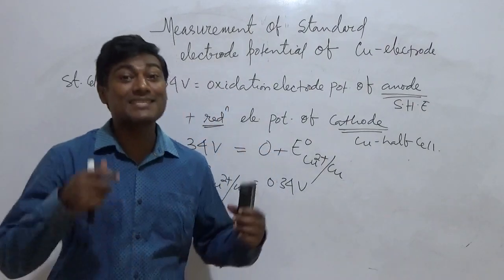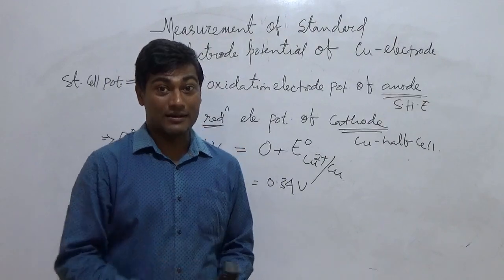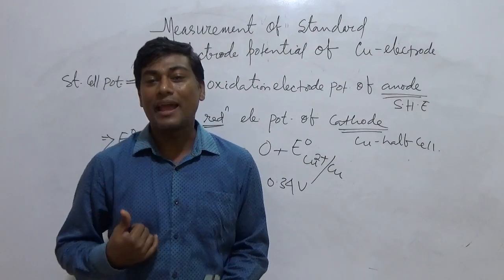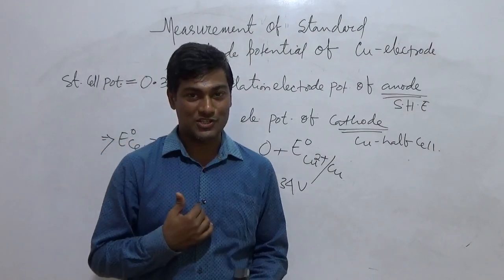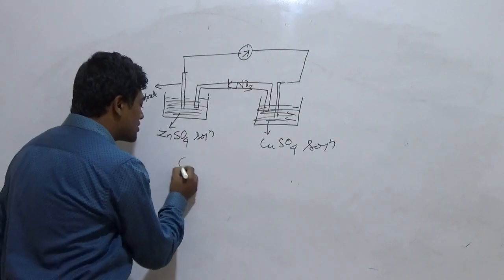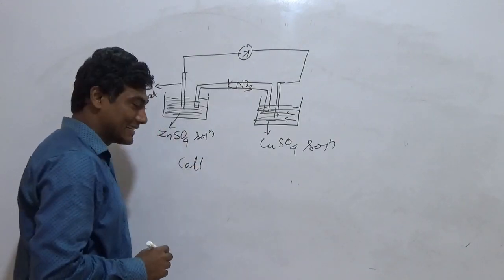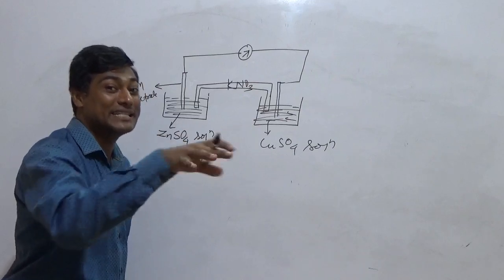How? So let us now couple that zinc copper cell and measure the cell potential. Cell potential can be calculated by the formula we have already derived.